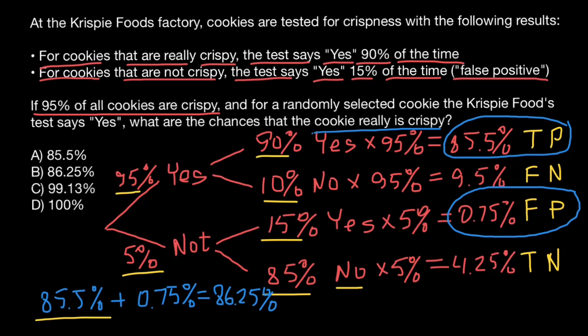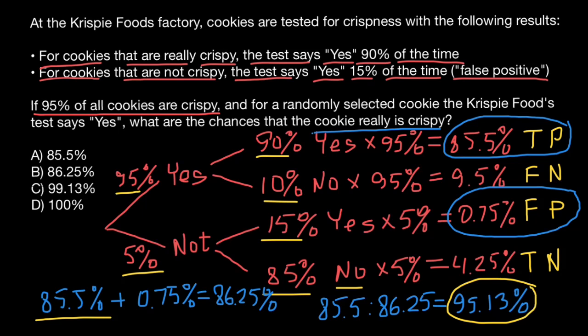So what we have to do, we have to divide 85.5 by 86.25, and we are going to get 99.13%, and this is going to be our answer.